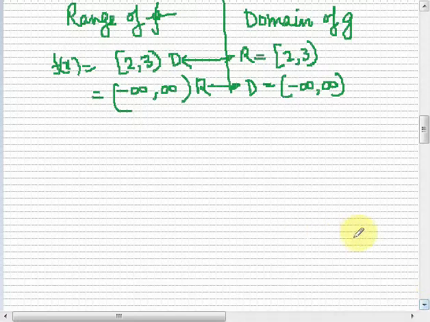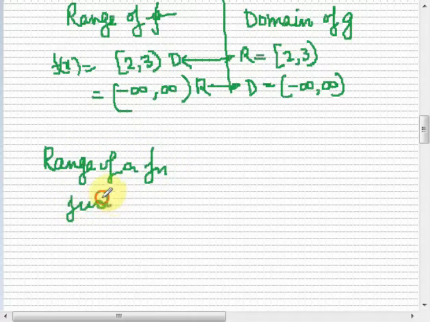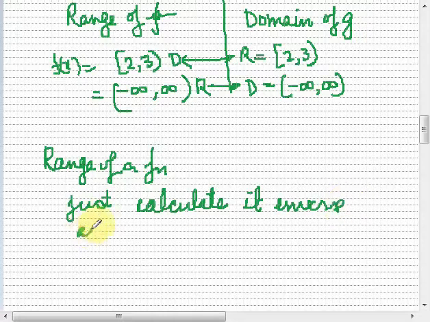Now, how to find the range of a function? For the range of a function, just calculate its inverse and find the domain of the inverse.